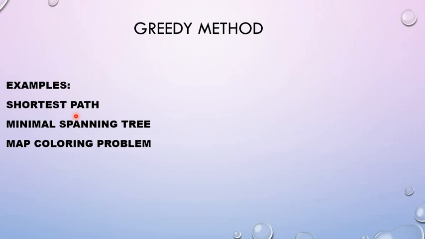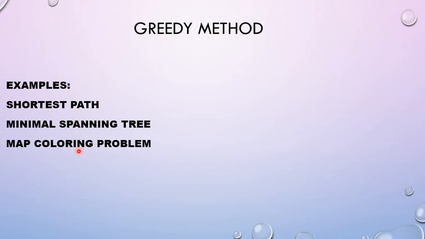Spanning tree means a tree will be there. We have to select a tree with the minimum number of edges. The tree should not have cycles, but all the nodes should be connected.